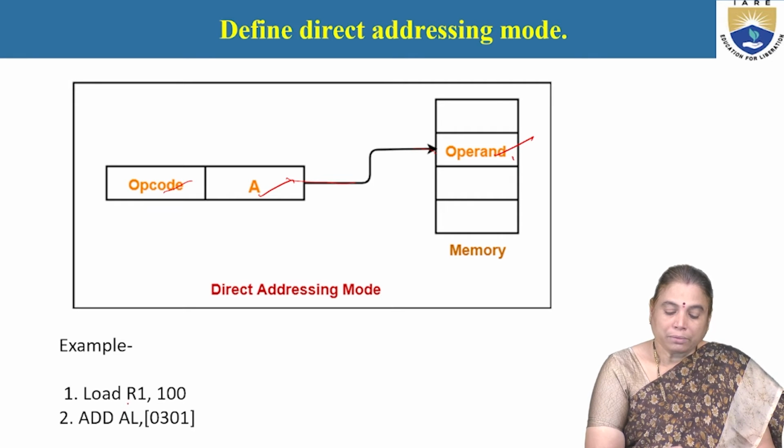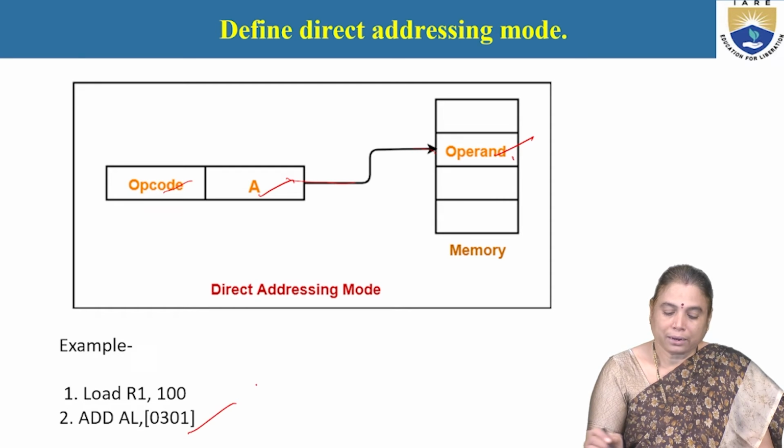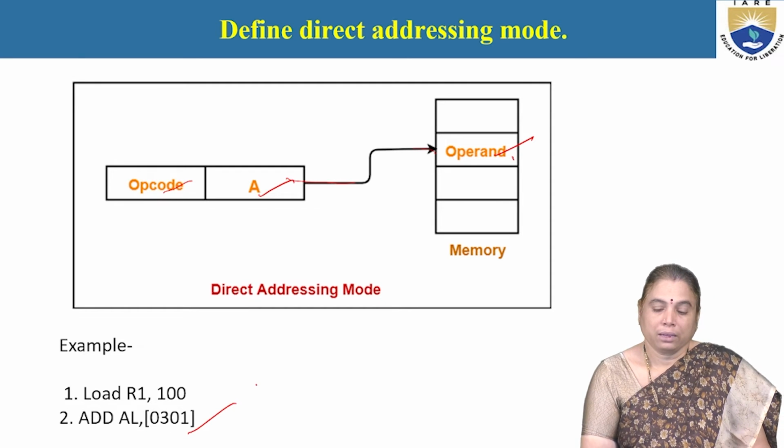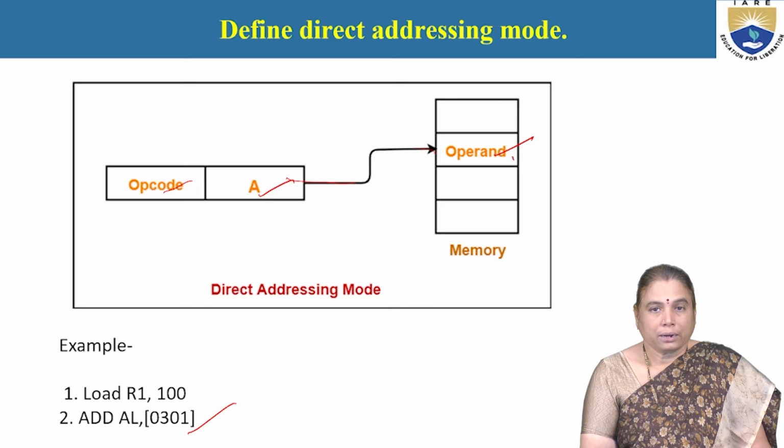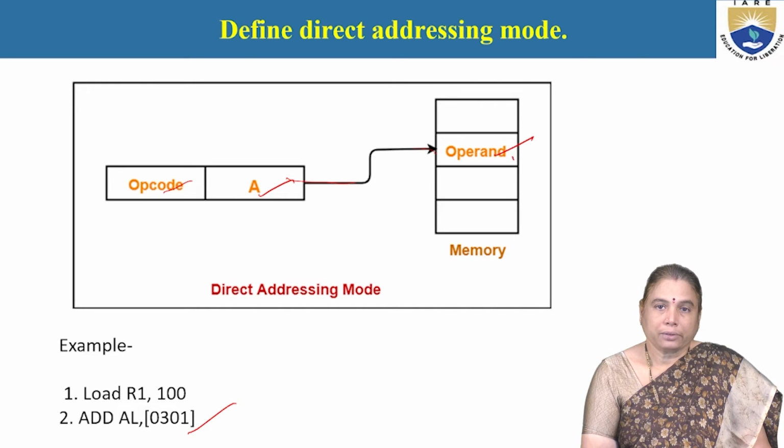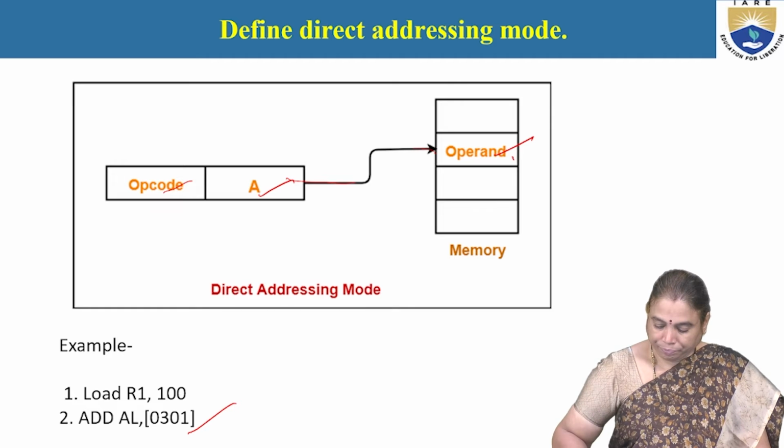The example is LOAD R1, 100, and ADD AL with the address specified within square brackets. So direct addressing can be specified with the help of square brackets.